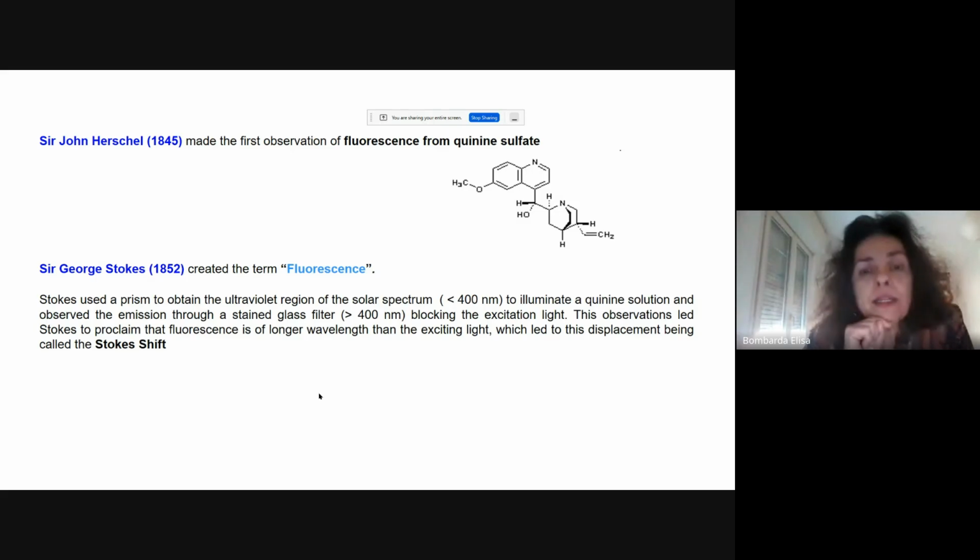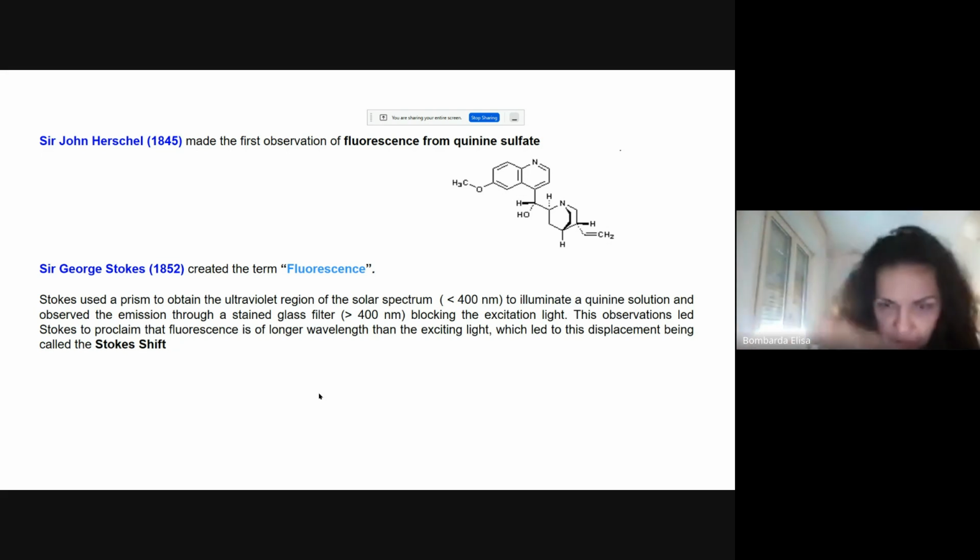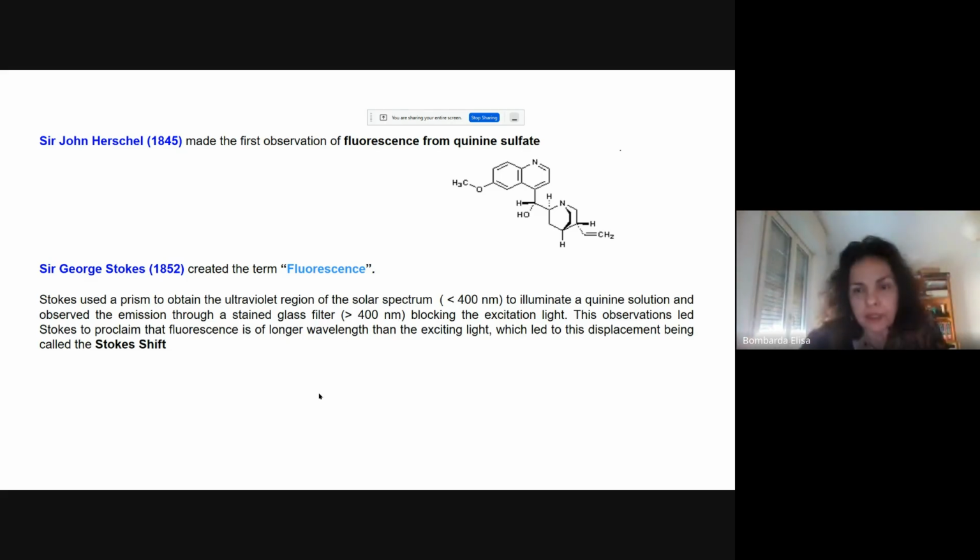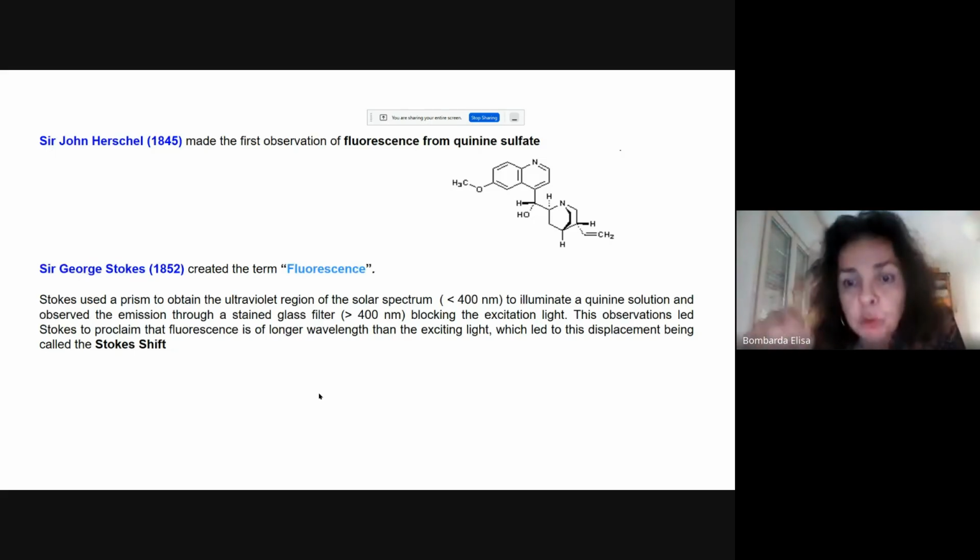Actually, he also made another observation. He used a prism to obtain the ultraviolet region of the solar spectrum, below 400 nanometers, to illuminate a quinine sulfate solution. He observed that the emission could be observed through a stained glass filter above 400 nanometers, which was blocking the excitation light.